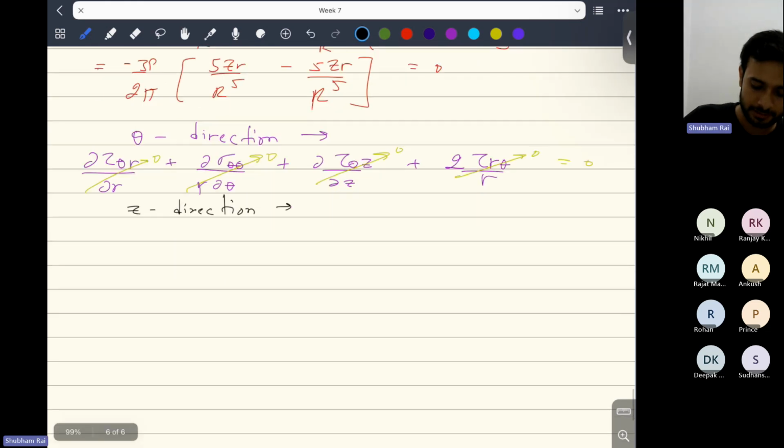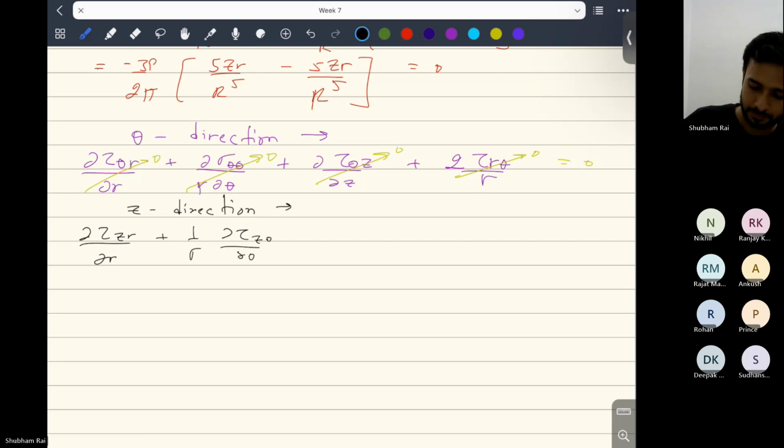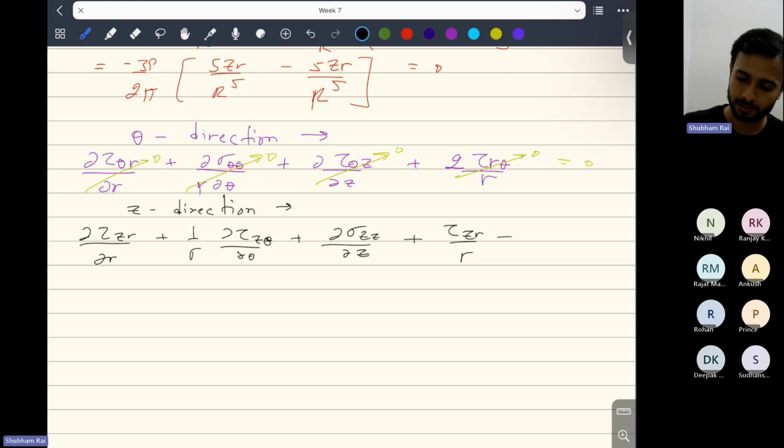We have del of tau zr over del r plus 1 over r del of tau z theta over del theta plus del of sigma zz over del z plus you have an extra term, tau zr over r, plus rho bz.